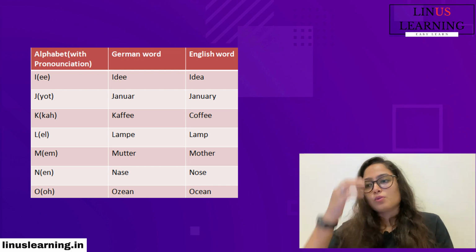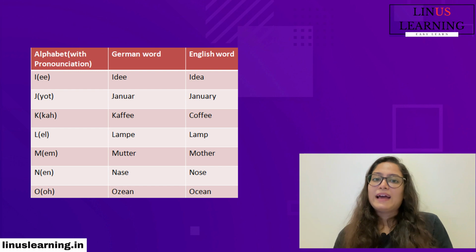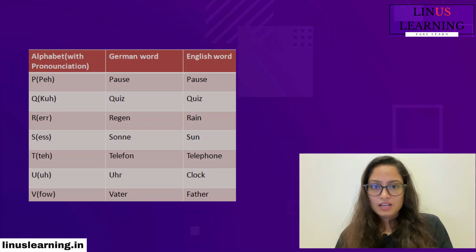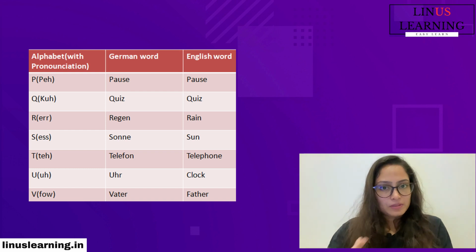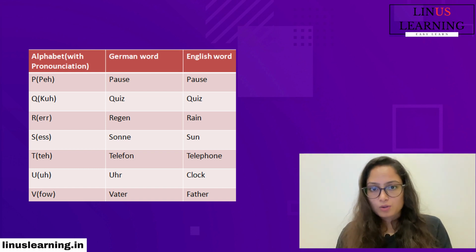Okay, so M is M, N is N, O is O, P is pay, like we pay the money. I'll repeat, M, N, O, pay.